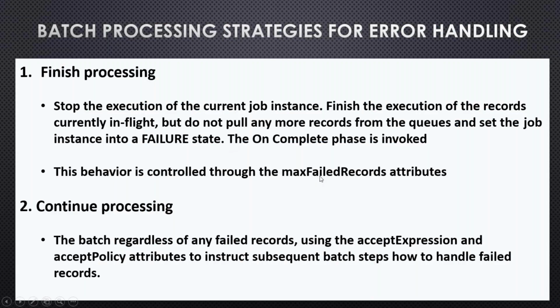If I give 10, or if I give 20, after 20 errors the process will not continue. It will skip the execution and go to the on complete phase, and it will show what errors occurred and how many records have failed.